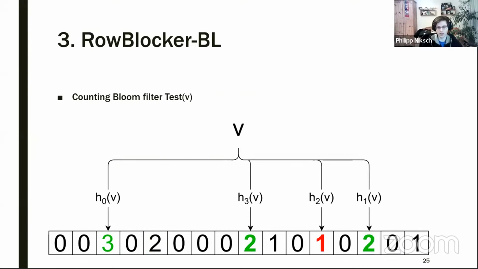If we want to test how often an element has been inserted into the filter, we evaluate all hash functions and look at the counter with the smallest value. This gives us an upper bound on how often a given row has been inserted into the filter. A row gets blacklisted once a given threshold is reached.